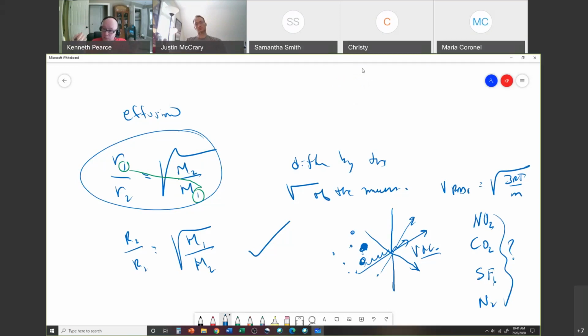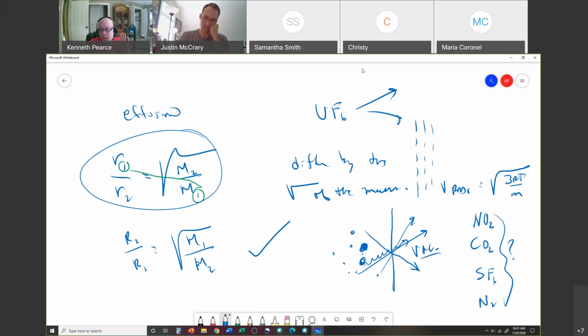And so to separate them, you would combine them with fluorine, and the good stuff would be a little bit lighter than the heavier stuff. So it would be very important. You would make these molecular sieves, and you would push the uranium through them, and the lighter stuff would come through first. And if you do that a few thousand times, you can actually enrich what you got. So yeah, it was important for that.